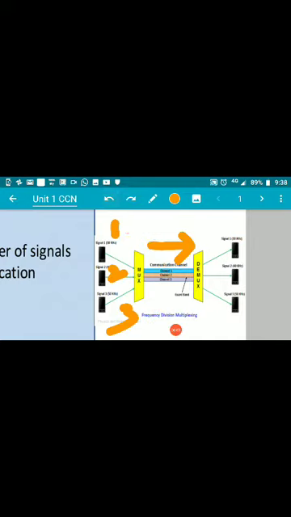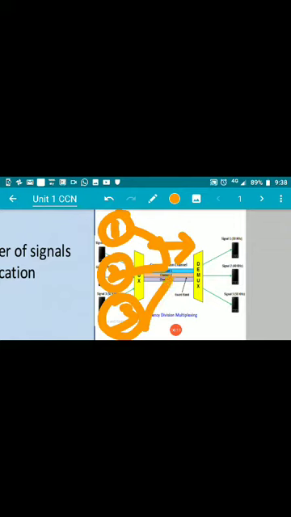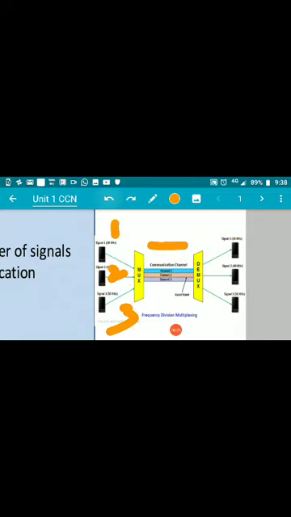Then we can add all these modulated signals together and make a composite signal, and that composite signal can be transmitted from the multiplexer to the demultiplexer, or source to destination. During this process, we require modulation. And then we go to the next point below here. So, what is here?